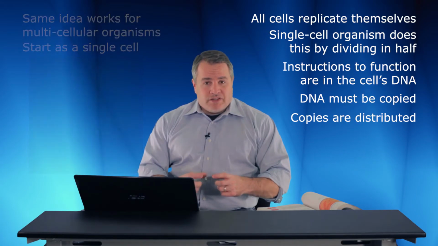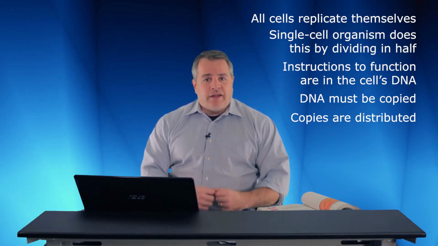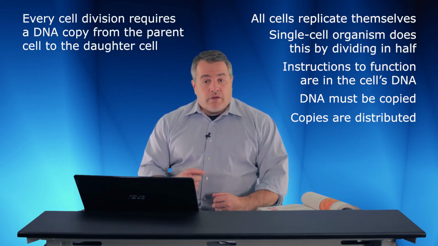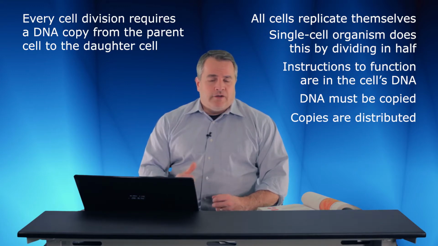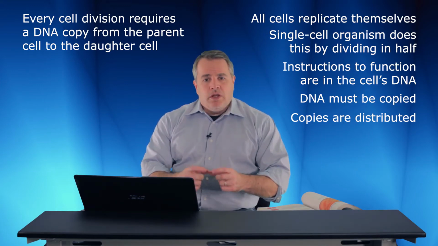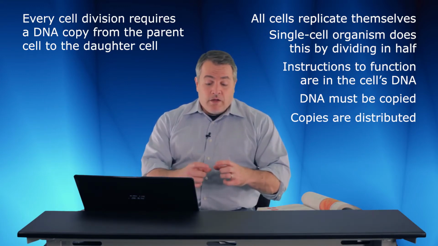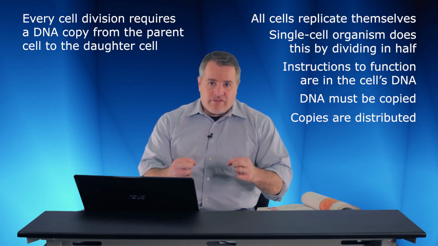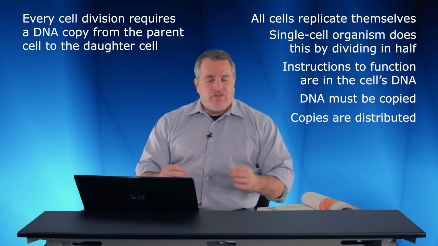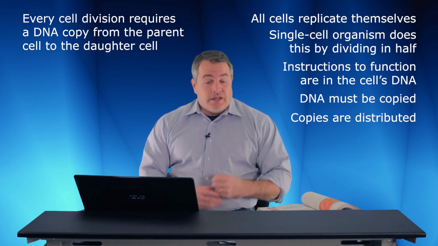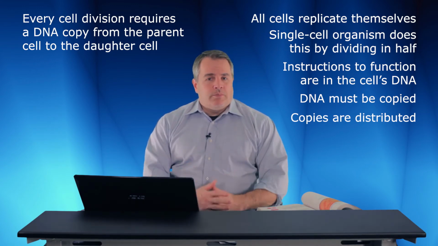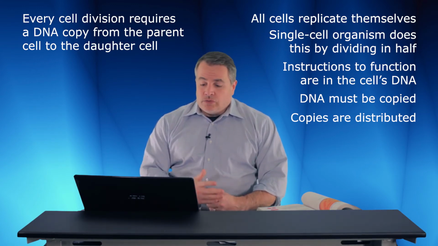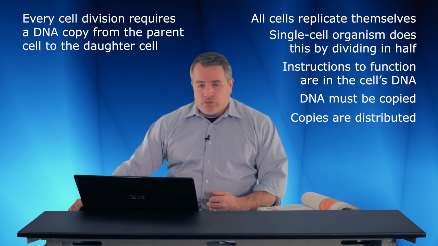Every time a cell divides, it needs to make sure that a fully functional set of DNA gets from the parent cell into the daughter cell. So when that one cell splits in half and forms 2, you've got a full copy of the DNA in each one of those cells, and that's what mitosis is all about. So that's what we're going to be learning about as we go along here.